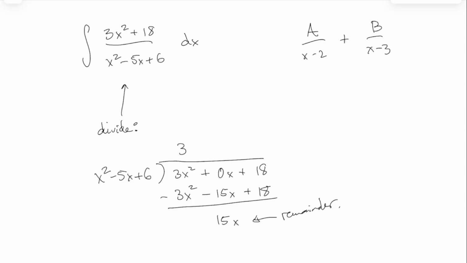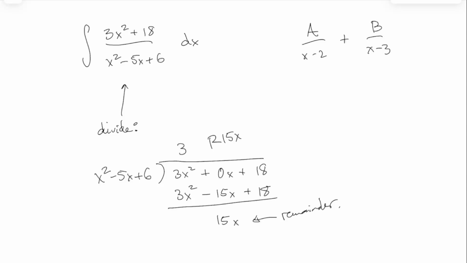All right, 15x. I think it's positive. Yeah, it's a little ambiguous because I wrote that minus right there, but I am subtracting everything here. Maybe it's better if you don't write the minus sign. All right, that's the remainder. Now, if you were a little kid, you would say something like 3 remainder 15x, but we don't say that.